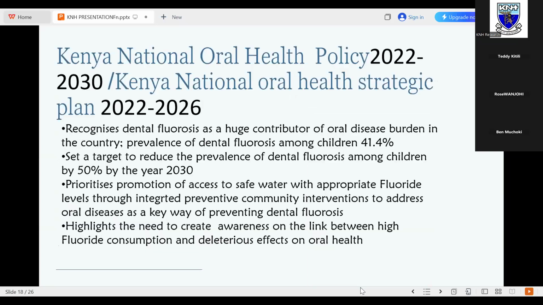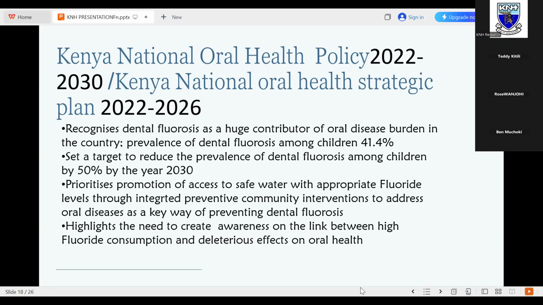When we look at the policies addressing this public health concern in the name of dental fluorosis, we have the Kenya National Oral Health Policy of 2022 to 2030 and the Kenya National Oral Health Strategic Plan 2022 to 2026. Both recognize dental fluorosis as a huge contributor to the oral disease burden.